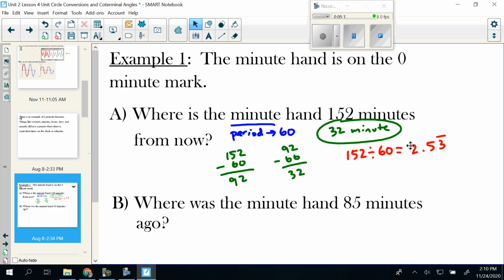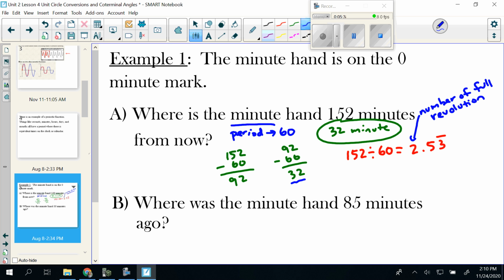The 2 here is representative of the number of full revolutions around, or rotations. We're not interested in how many times it's gone around. We're interested in that extra stuff, like the extra stuff that was over here.